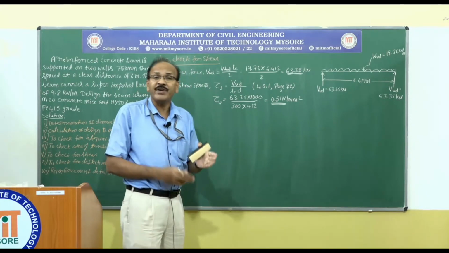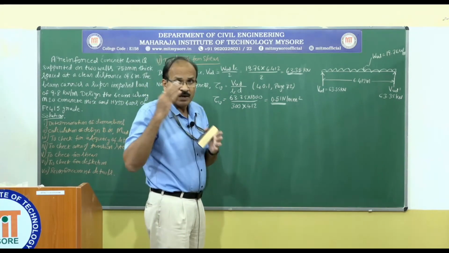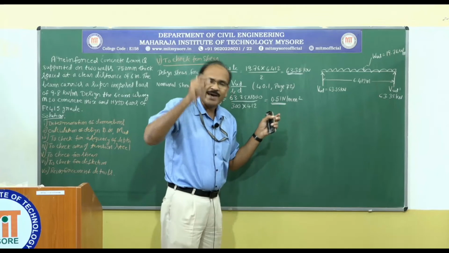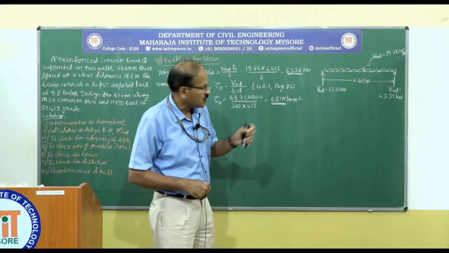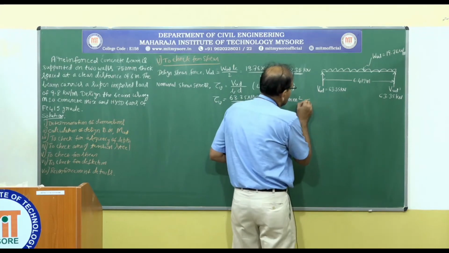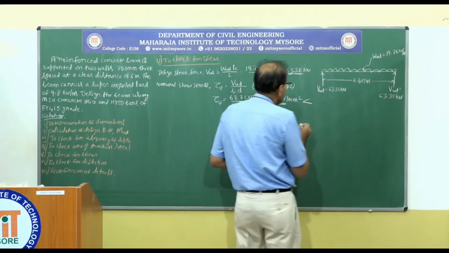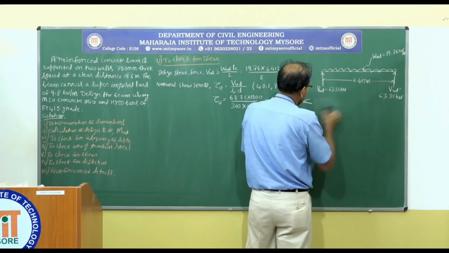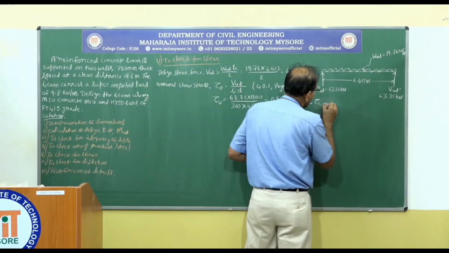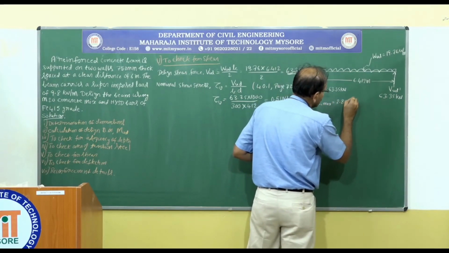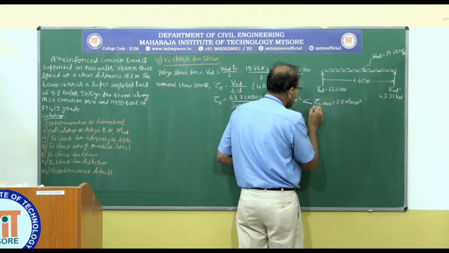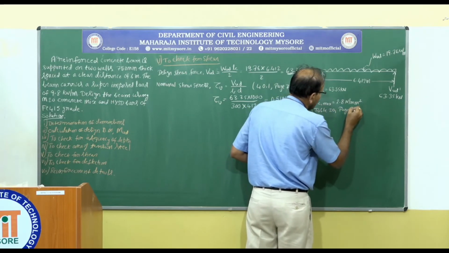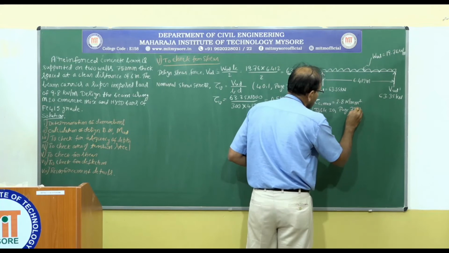So if you go to page number 73 and refer to table 20, compare this value with tau c max for M20 concrete. So for M20 concrete, tau c max is 2.8 Newton per millimeter square. So this is as per table 20, page 73 of the code book.